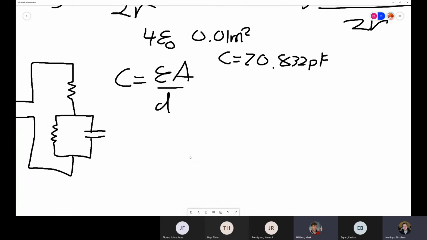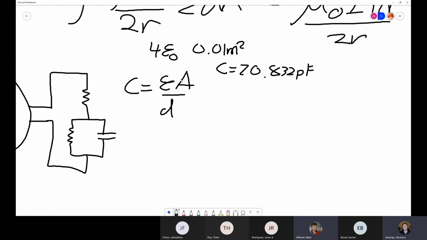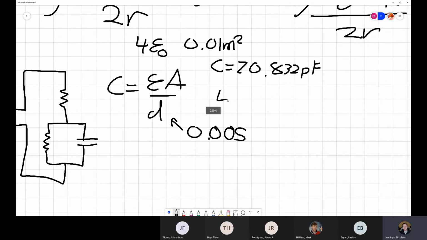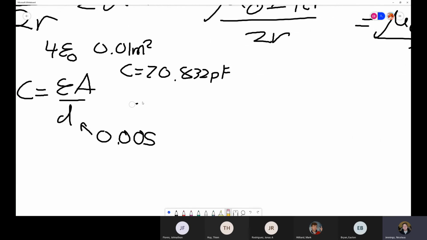What are all those values? Because the distance and all that stuff, can you write down the step in between that? Oh yeah, sure. So this is 0.005, and then we'll just figure this out. So it's going to be 4. Let me just write this over to the side. So we have 4 times 8.854 times 10 to the -12.